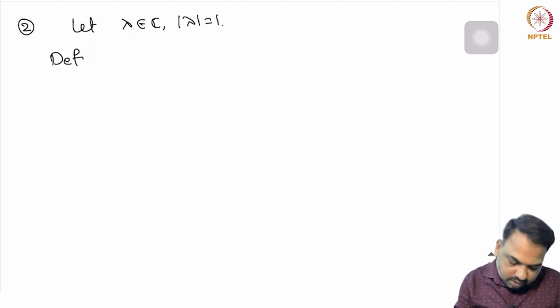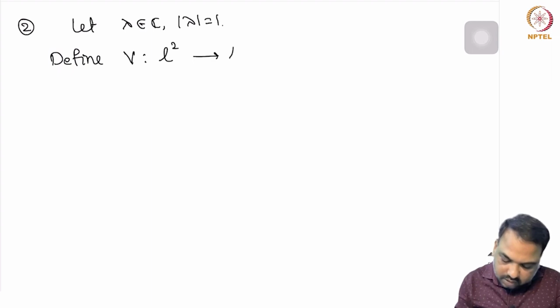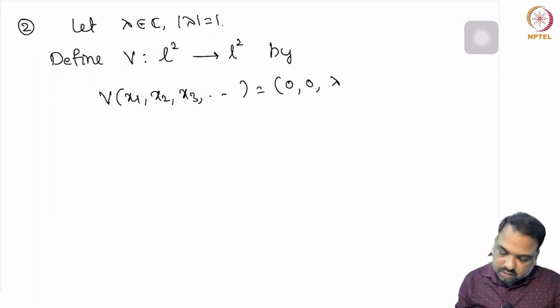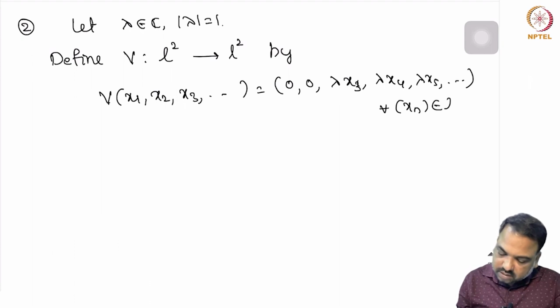Define V from L2 into L2 by V of (x1, x2, x3, and so on) is mapped to (0, 0, lambda x1, lambda x2, lambda x3, lambda x4, and so on) for every (xn) in L2.